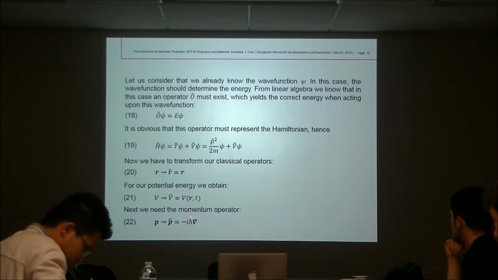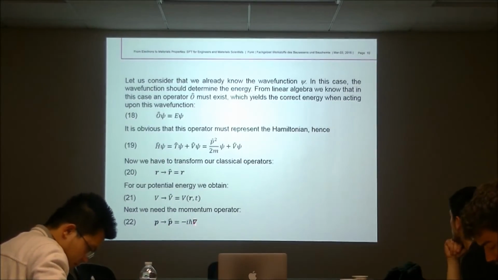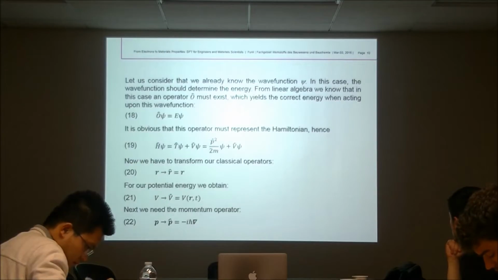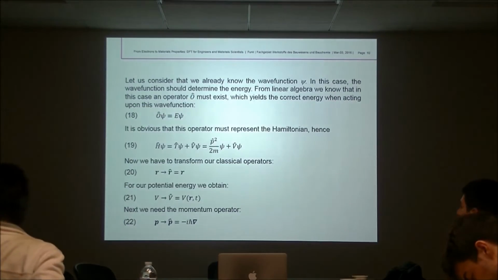And h bar, which is Planck's constant divided by 2 pi. And then we have this differential operator. Nabla is the first derivatives of our system. Acting on a field, we obtain the gradient of this field.